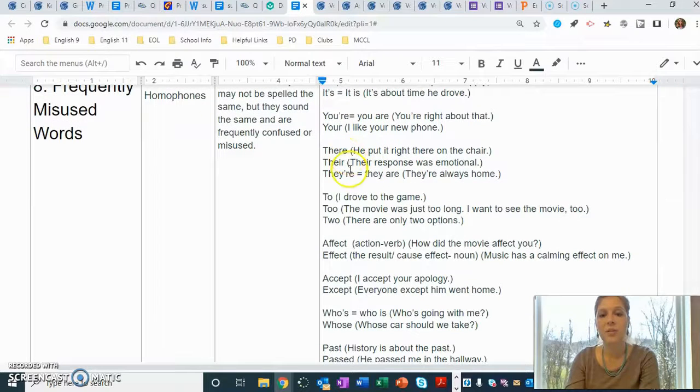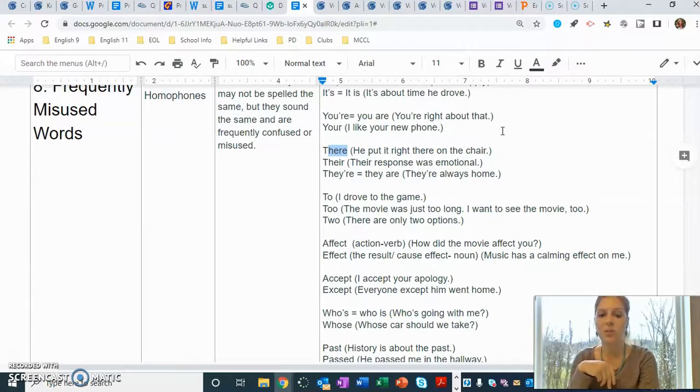Same idea with they're, there, and their. So they're, with the apostrophe, is a contraction, they are. And then the THERE is a place word, over there. And something that can help you remember it is if you take the T out, it says here, so like right here.